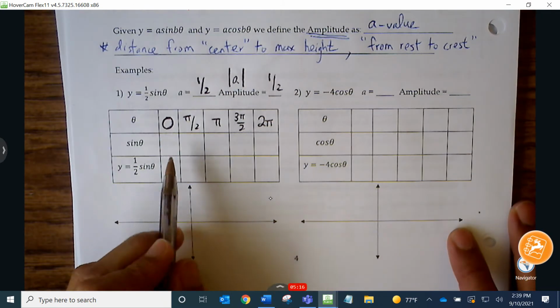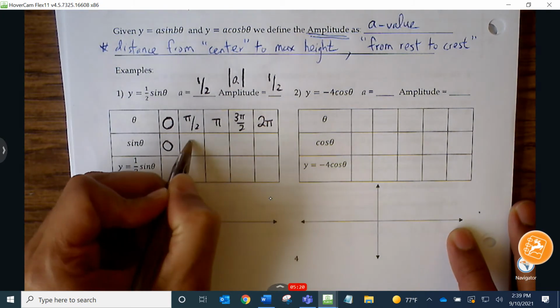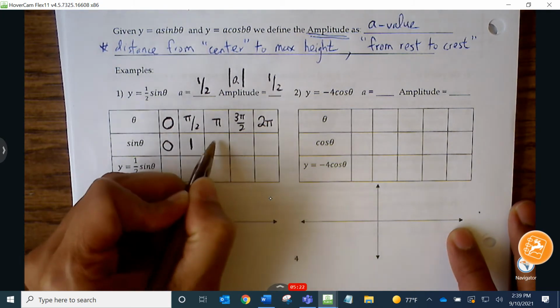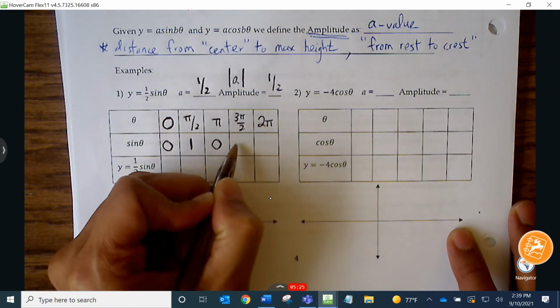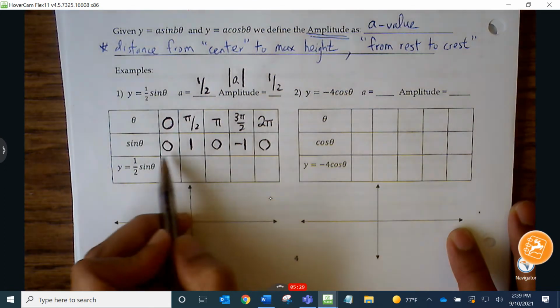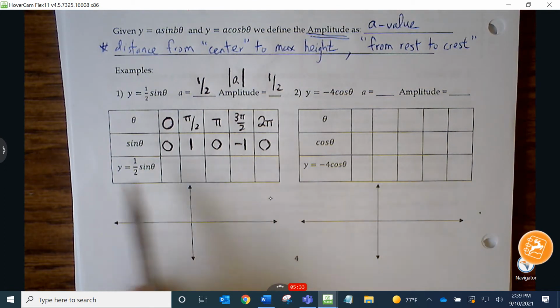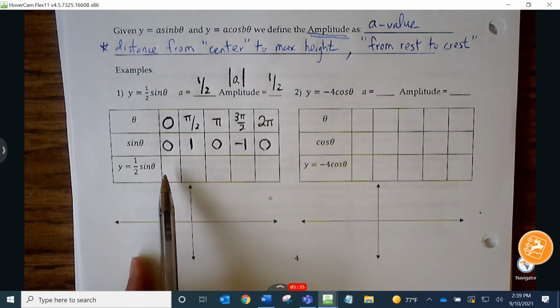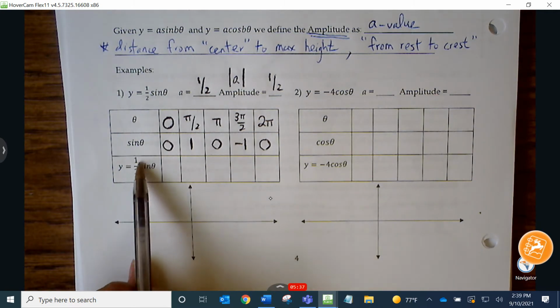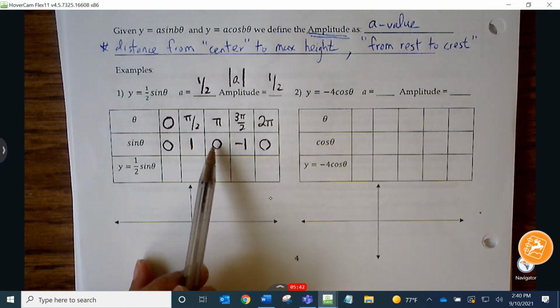So again, sine theta starts at 0. It rises to the maximum height, goes back down to 0, goes down to the minimum height, and back up to 0. So we're going to use this as our parent function value. And now all we're going to do to adjust for the fact that we have a new a value is multiply 1/2 with all these y values from our original parent graph.